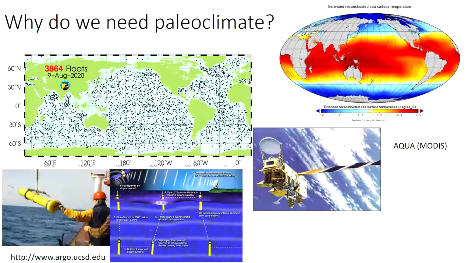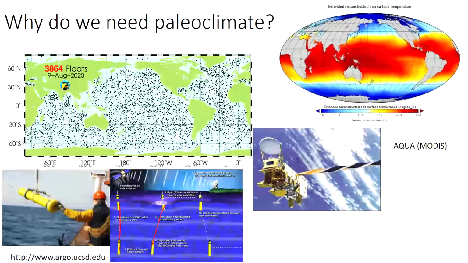So we currently have a network of these Argo floats. These floats are basically jettisoned off ships or aircraft, and they float around in the ocean. They sink down to some predetermined depth, drift around for a while, pop up to the surface, and as they do that, they're constantly recording the temperature and salinity of the water.